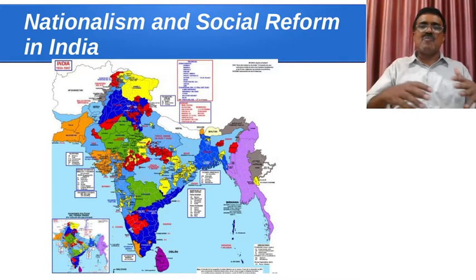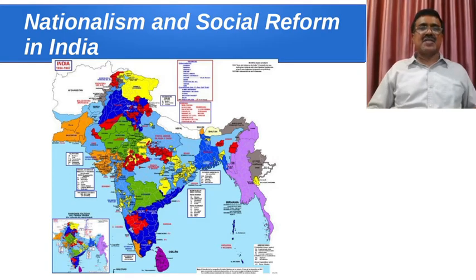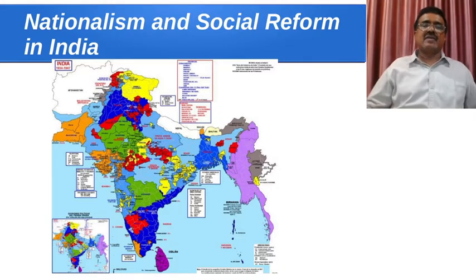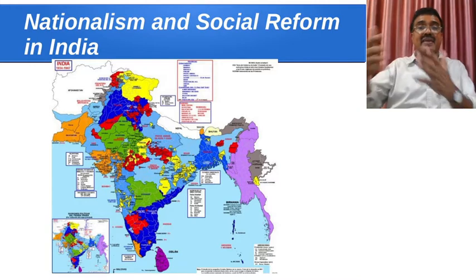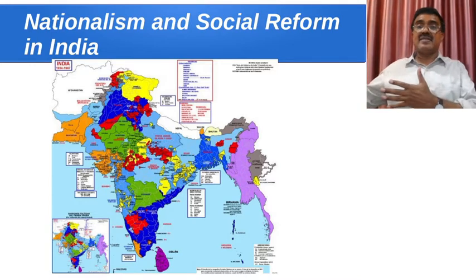There were a large number of smaller kingdoms under the overall British fiefdom, then directly run British provinces, and it included areas of other countries, Pakistan, Afghanistan, and Myanmar, etc.